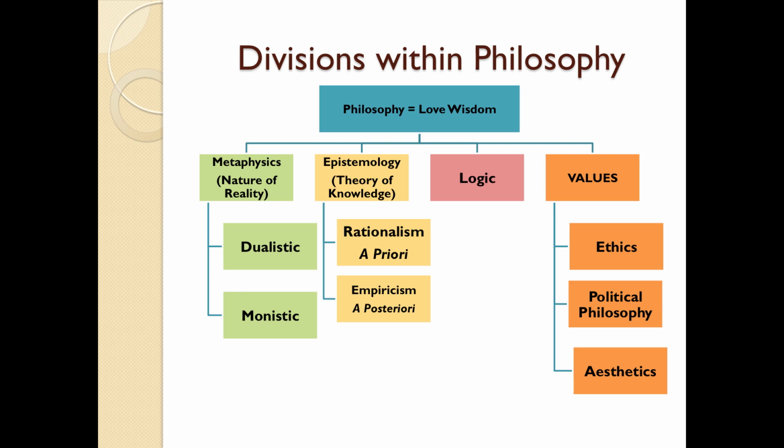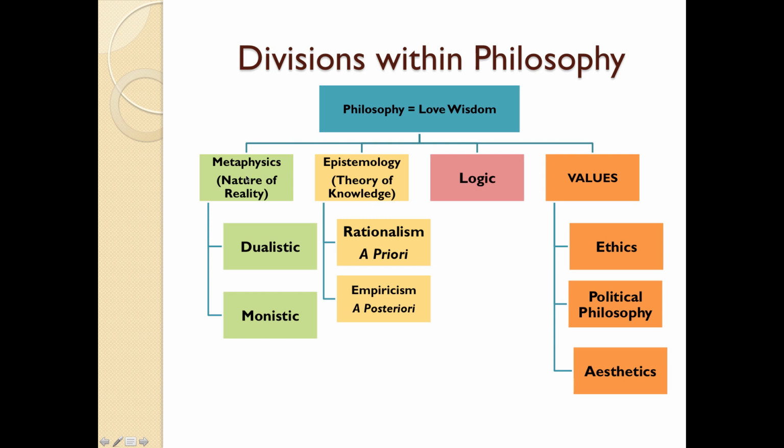So in last week's lecture, I introduced this idea that there are different domains of and divisions within philosophy. And we've been talking this week mostly about the domain of logic. All of this stuff about argument identification and analysis really comes down to logic. So now let's move a little further.